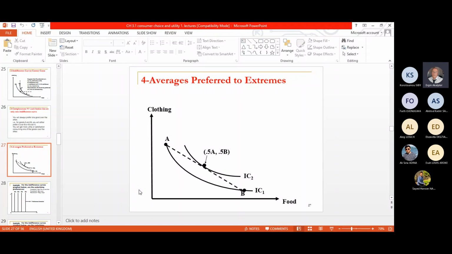If there is a budget line that intersects the curve, it gives you some combination of both, which does not give you the same utility and satisfaction in a given scenario.